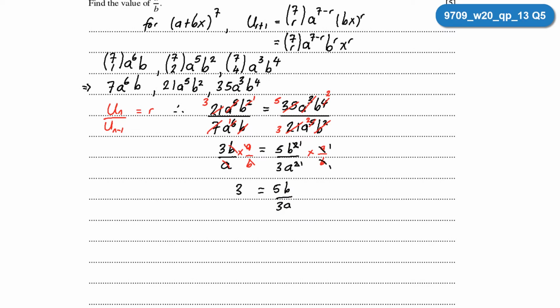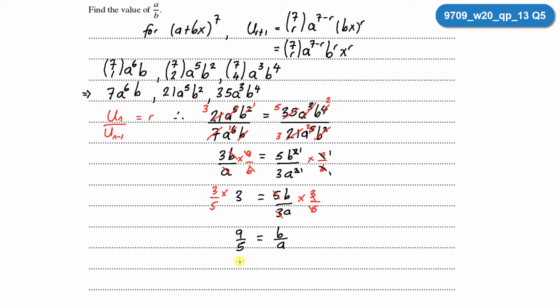Finally, to get the value of b over a, let's multiply both sides by 3 over 5. Then on the left we are left with b over a, and on the right we have 9 over 5.